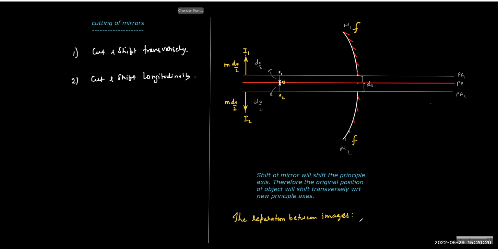how much? So we are not solving. We are just writing the answer, assuming it's real. Because once you assume it's real, you can add the answers, and mathematically everything will be maintained. So that's okay. So the separation between the images I1, I2 we can write as how much? And you can see this is the modulus.